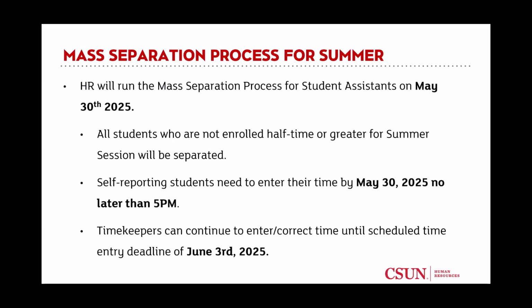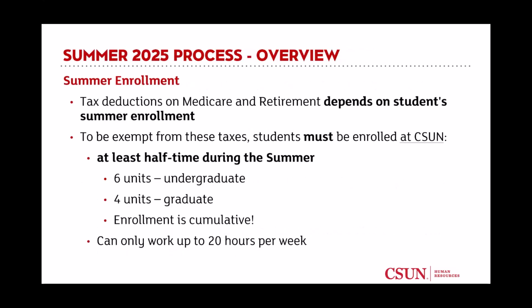I'll go a little bit more into the specifics of how this will work and how to evaluate for this. The reason we do all of these separations, and we're so careful with this, is because the students' enrollment is checked year round.